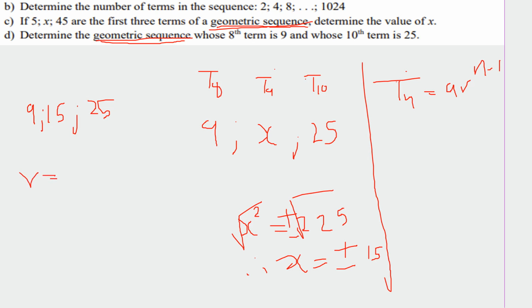Basically, because we know this is a geometric sequence, r will be equal to either term number 9 divided by term number 8, or term number 10 divided by term number 9.